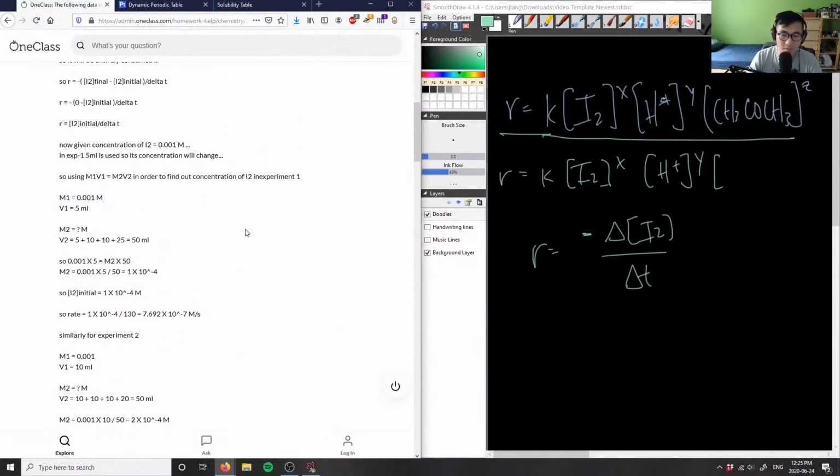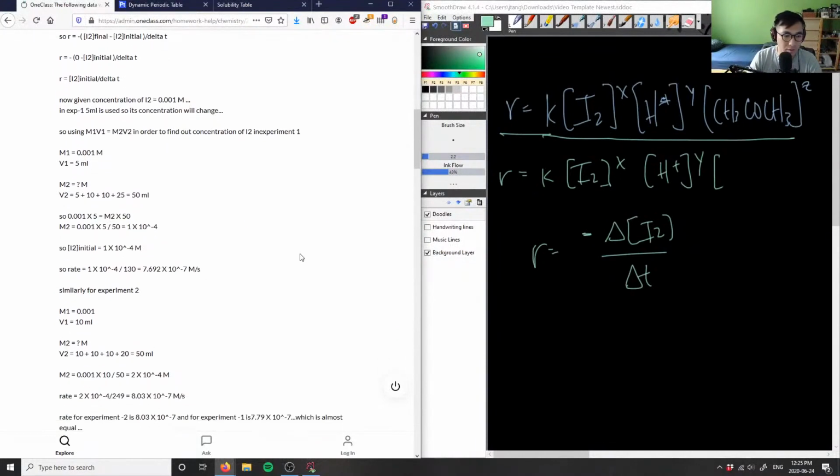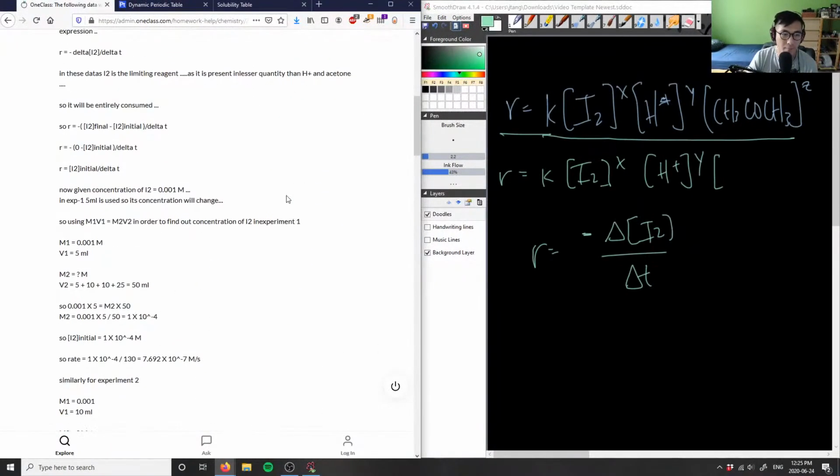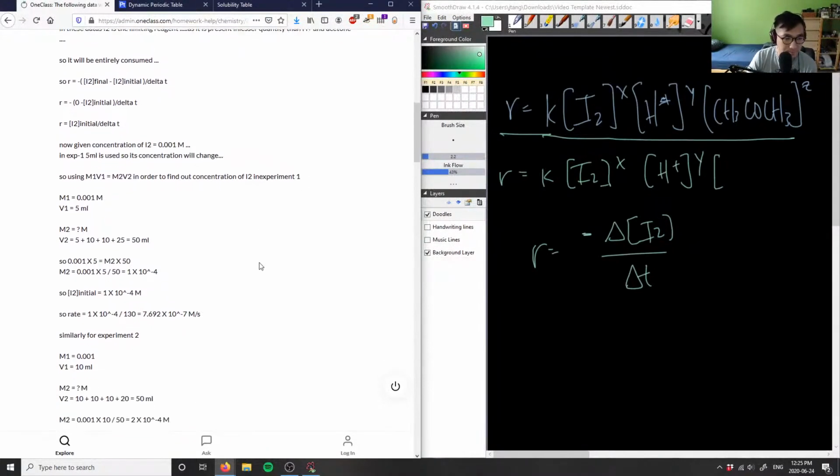So let me break this down for you, and we can figure this out together. I'll only do one iteration of this because it's the same iteration for y and z as well. Through the data that's given here that I definitely can't see, they figured out that the concentration is equal to 0.1 and the volume is equal to 5 milliliters. So we're going to use C1V1 equals C2V2 to figure out the concentration of the second, M2, which is I2.